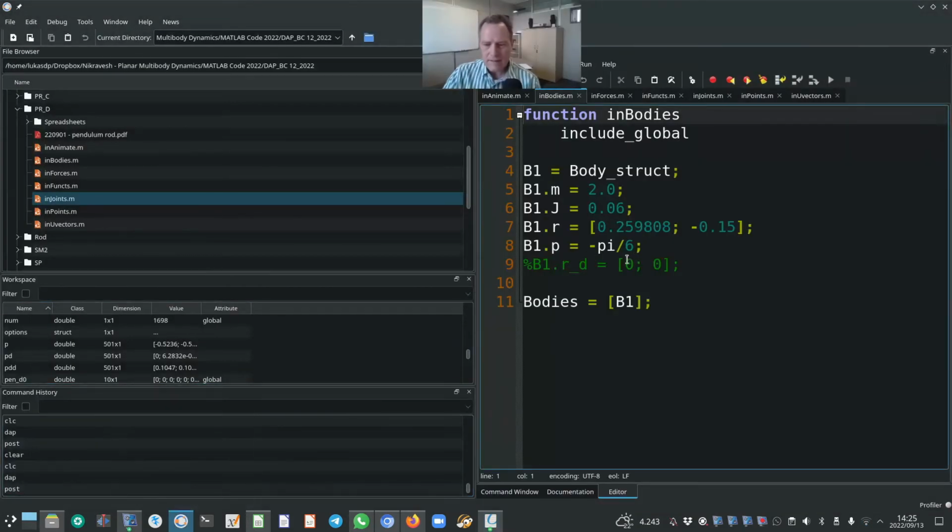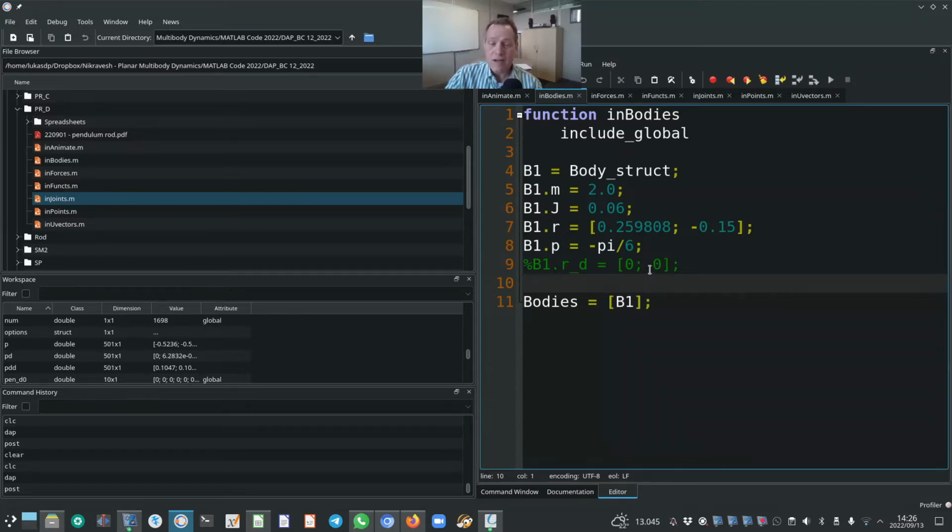Yes, that's the body input file. Now I've commented out the initial velocity of body 1 because 0, 0 here in the bodies input file is in any case the default. If you don't specify anything for the initial velocities, this is the default.